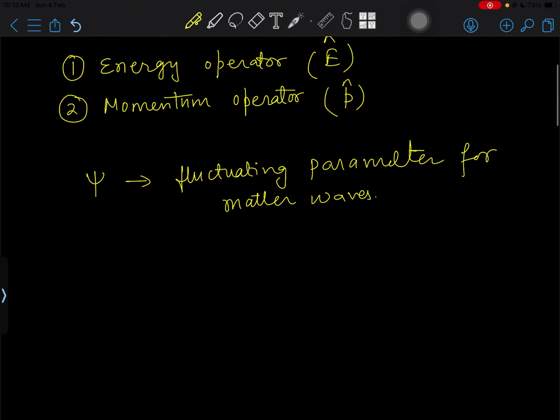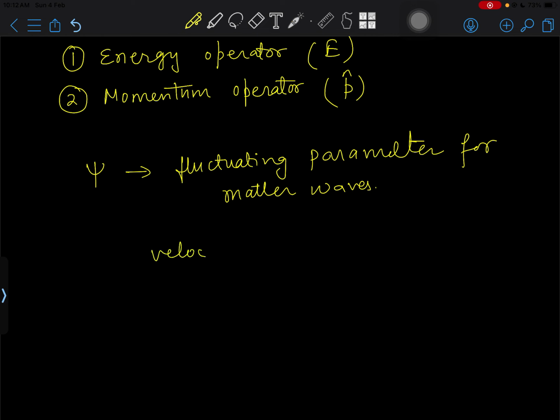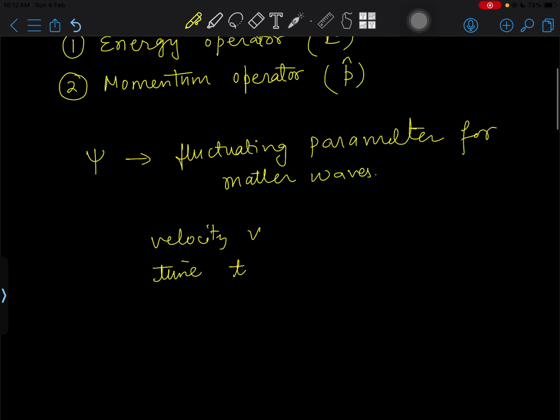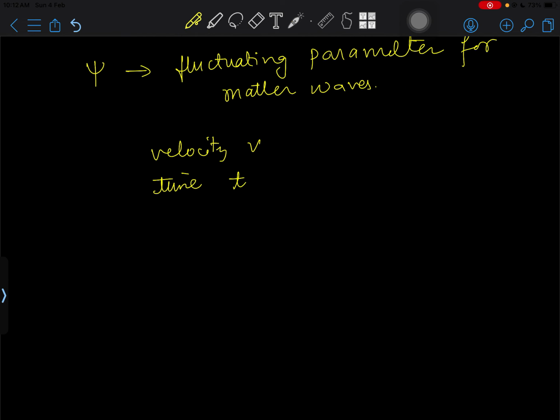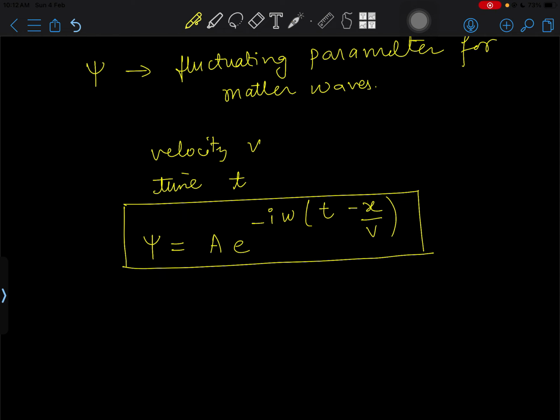Now, if a wave is moving with a velocity v and time taken is t, so for matter waves, the wave equation can be represented as psi is equal to a e to the power minus i omega (t minus x upon v), where psi is the fluctuating parameter, a is the amplitude of the matter wave, omega is the angular frequency, t is the time taken, x is the displacement, and v is the velocity of the wave.